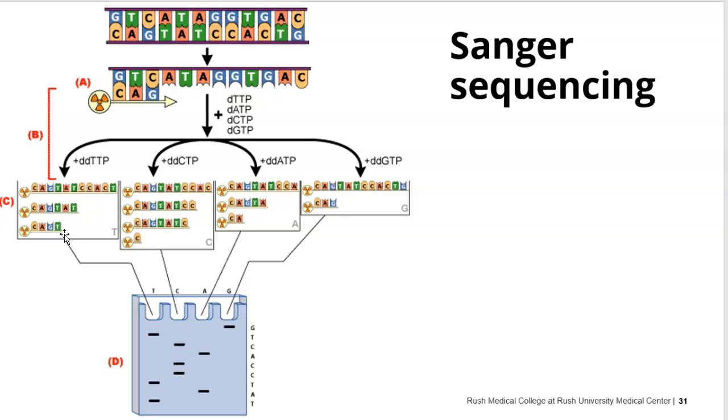So we get a very short fragment. And in this one, the first time it put the normal T, but the second time dideoxy, and this way it made it all the way to the end. And so we have 3 fragments that are different sizes, and so on and so forth. And from this, we run all these on a gel simultaneously, and then we read T, A, T, C, C, A, G, T.